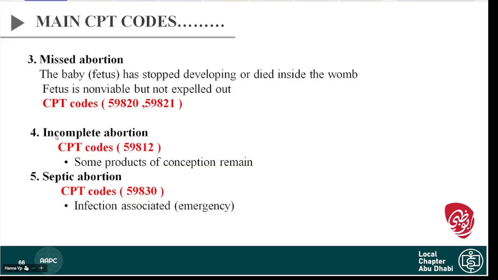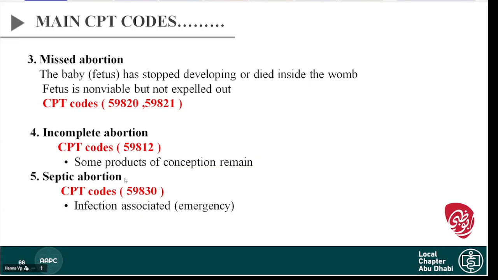Then fourth one, incomplete abortion. Incomplete abortion means, guys, this is almost the same as a missed abortion. The baby was aborted, but the products of conception still remain in the uterus. Here also, the doctors should remove the conceptions by using some kind of method. Last one you can see, septic abortion.